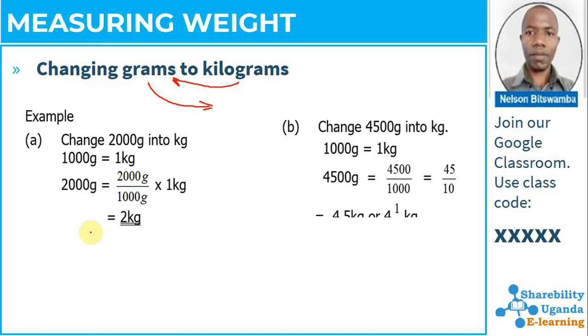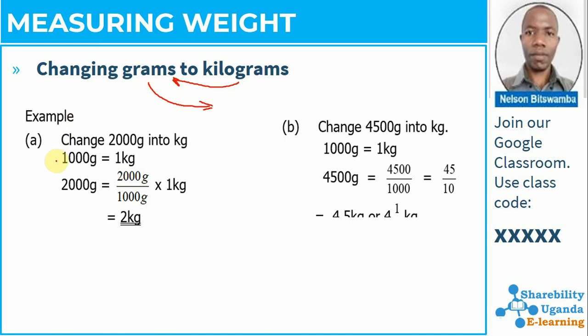As an example, they are telling us to change 2000 grams into kilograms. They are in small values and they want us to change it to a big value.